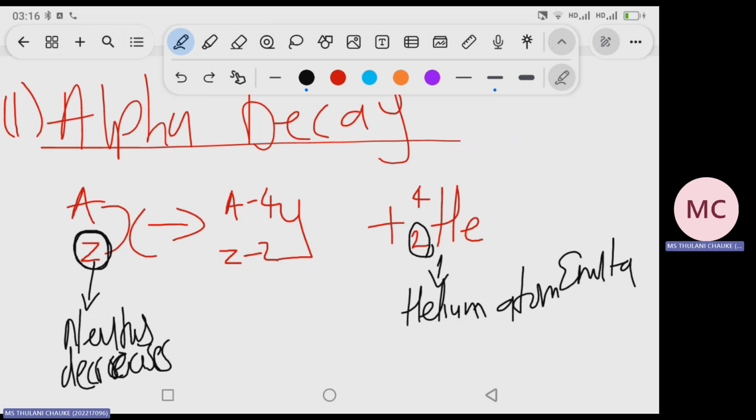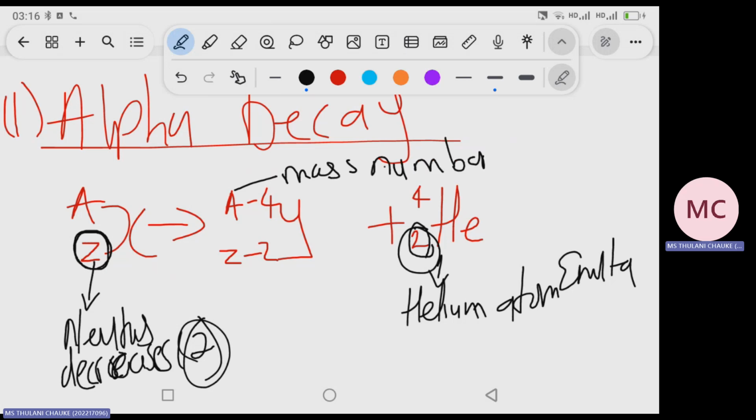It means that we have got 2 plus 2, which means the mass number will decrease by what? By 4. So the mass number here decreases by 4.